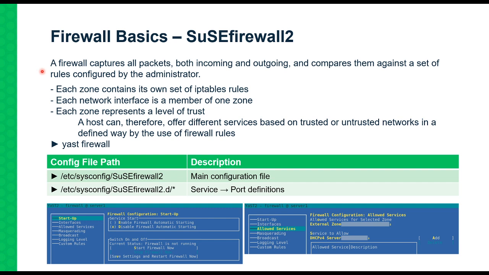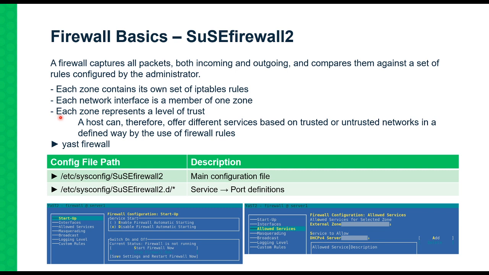So with our SuSEfirewall2, we have a few zones. Each zone contains its own set of iptables rules. Then each network interface is a member of only one zone. So if you have eth0, it can only be part of one of the zones defined.